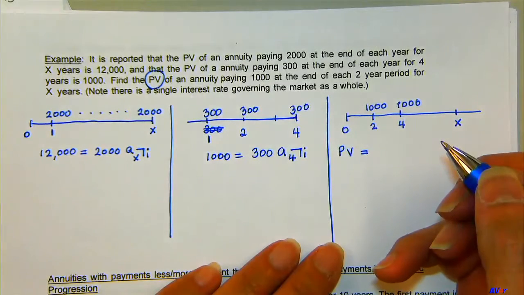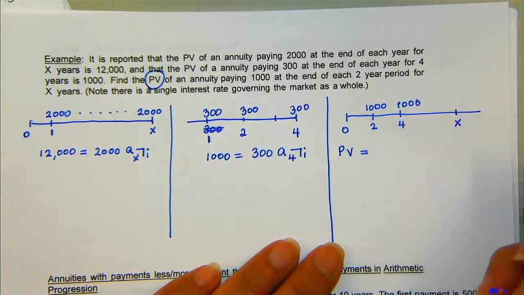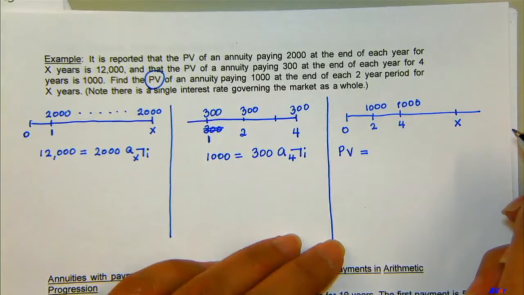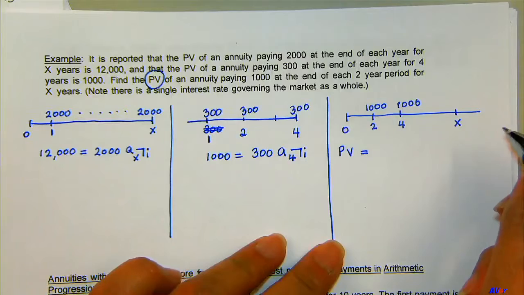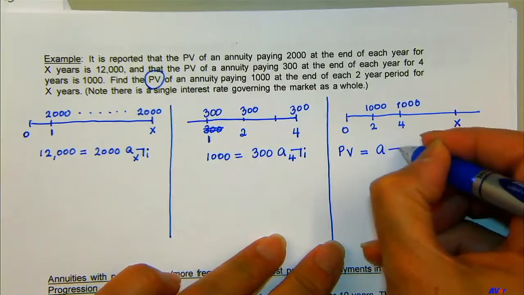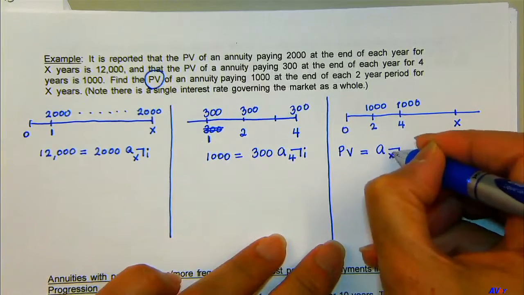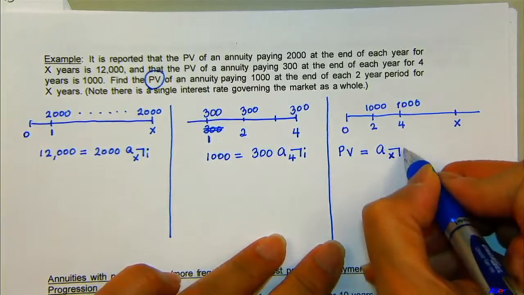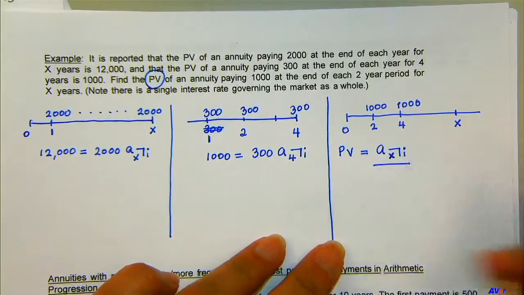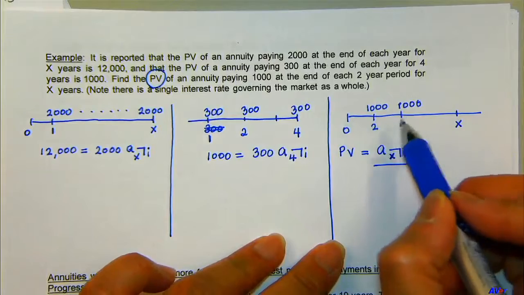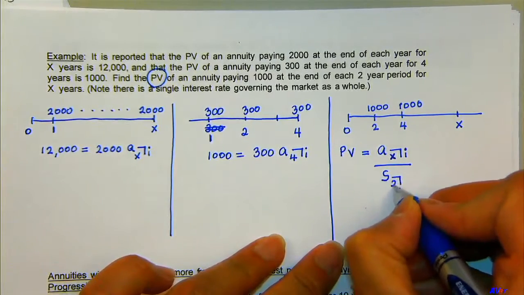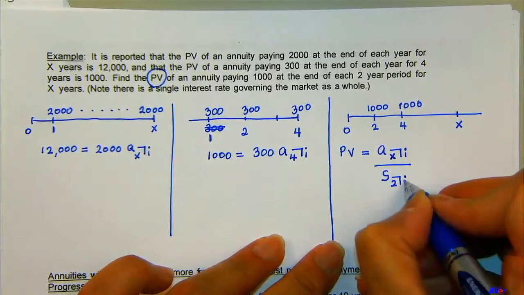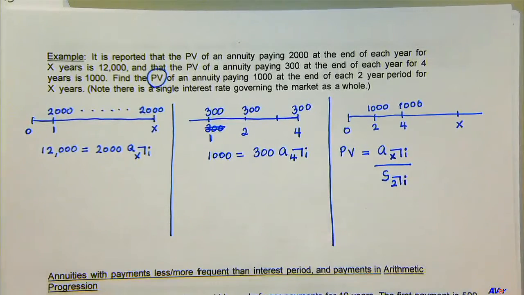I'm just looking for the formula. Look, they're asking for present value, so your numerator is going to be A angle XI divided by, since payments happen at the end of every 2 years, S angle 2I, where I is annual. Agree?